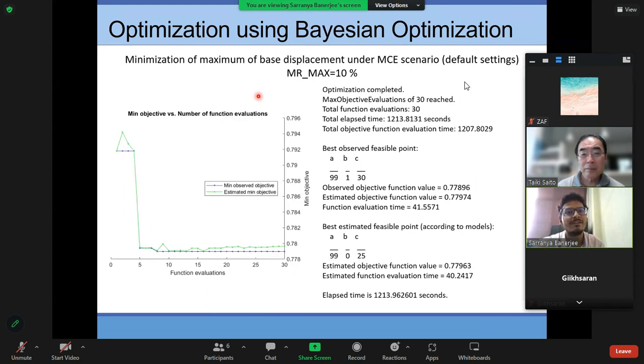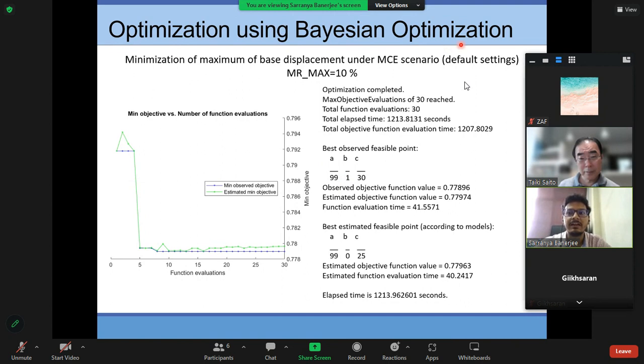So now I reframed the objective function and tried to minimize the maximum base displacement. For the 20 earthquakes, I calculated the base displacement for the hybrid control system and minimized the maximum base displacement. With this, again, I got similar results of say 99% mass ratio in the base TMD with 1% damping ratio.